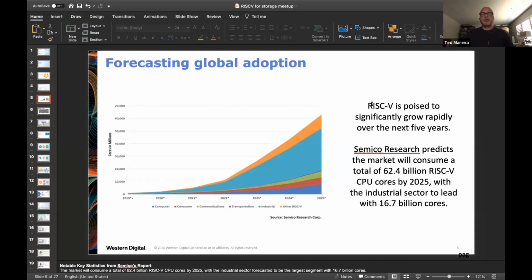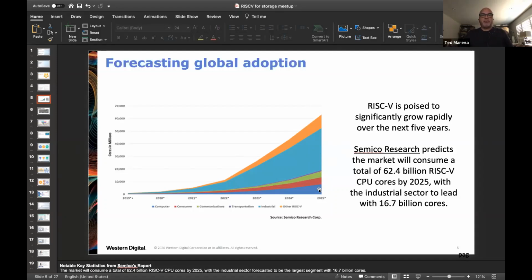The thing that I like to point to is market research that Semico put together. They worked with a lot of RISC-V organizations, but also used their own data mining and contacts in the tech world, and they see up to 62 billion cores shipping over the next 5 years.